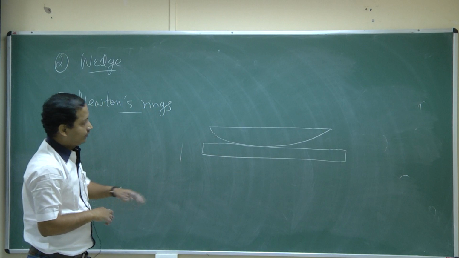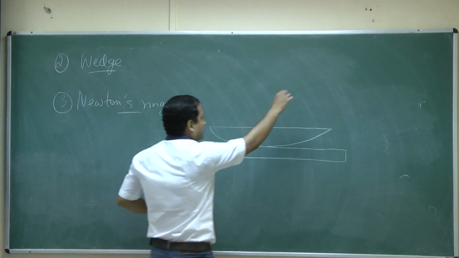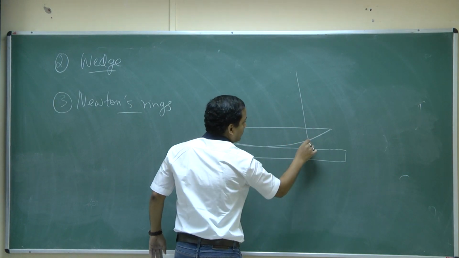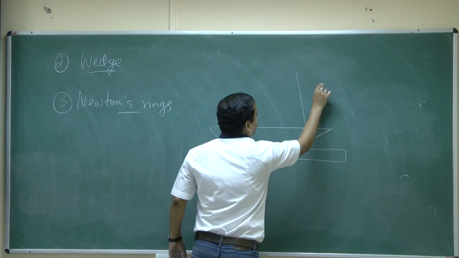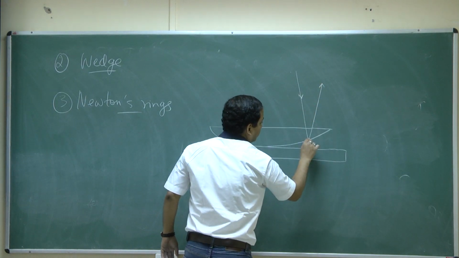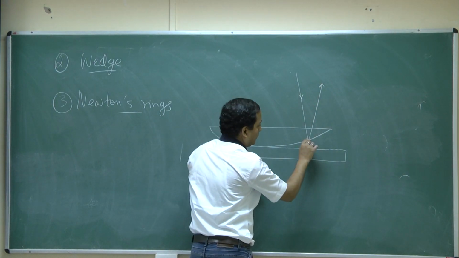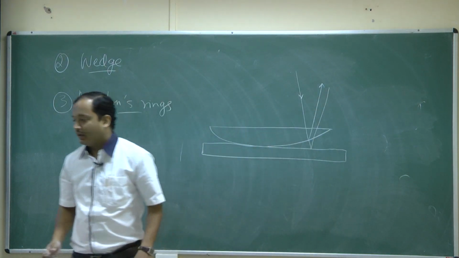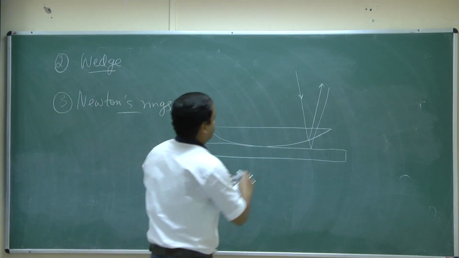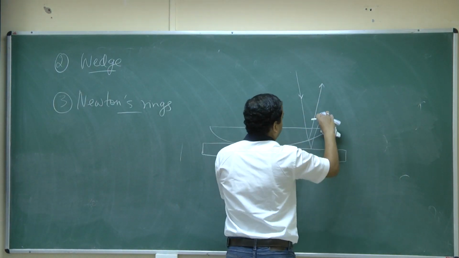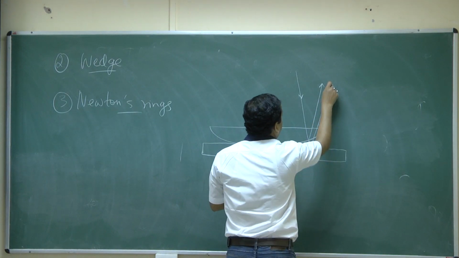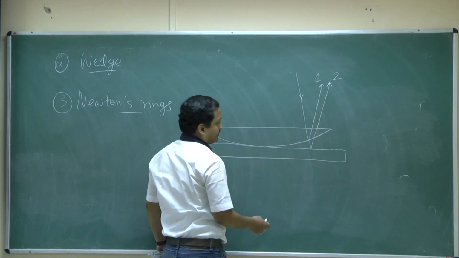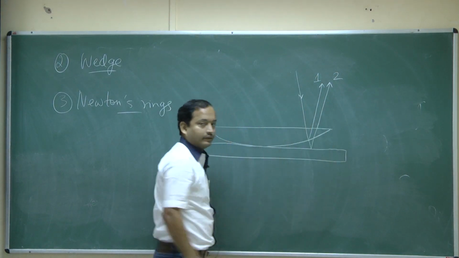Light comes down, and part of it gets reflected here, and part of it goes through and gets reflected from here. You may call this ray 1 and this ray 2, and the question again is: what is the path difference between these two rays?